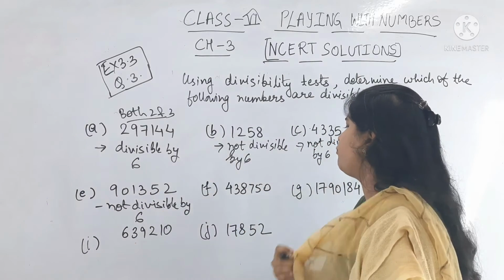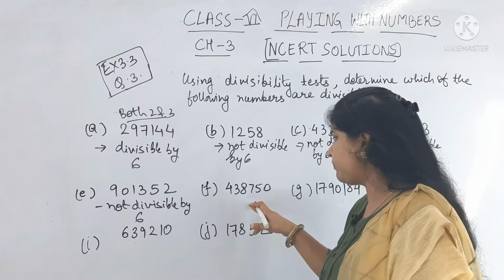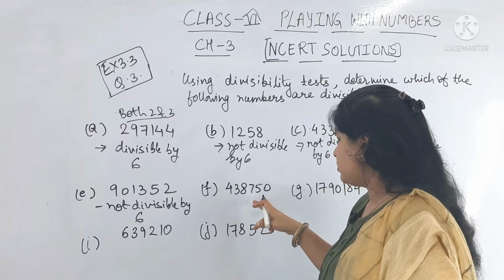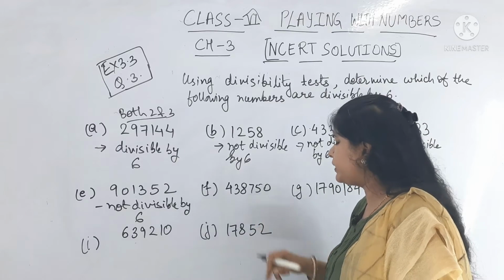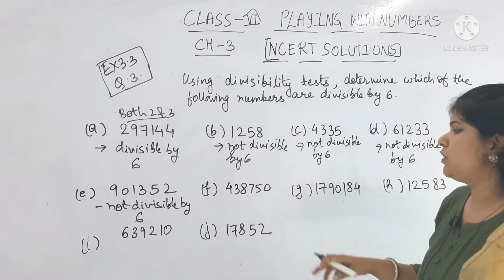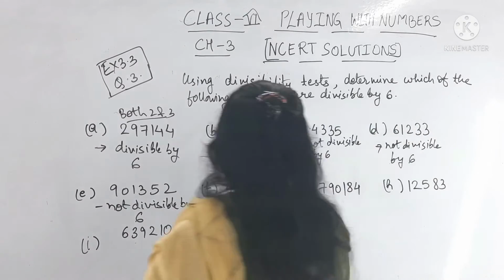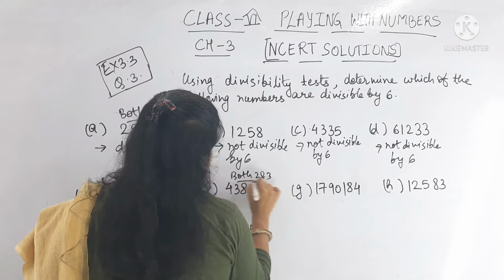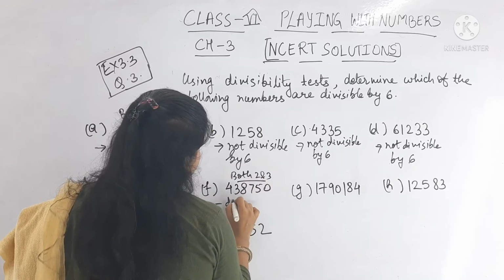For 3, 4 plus 3 is 7, 7 plus 7 is 14, 14 plus 5 is 19, 19 plus 8 is 27. So it is divisible by both 2 and 3.